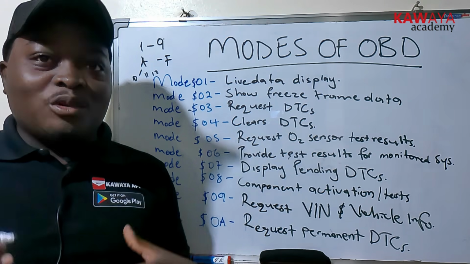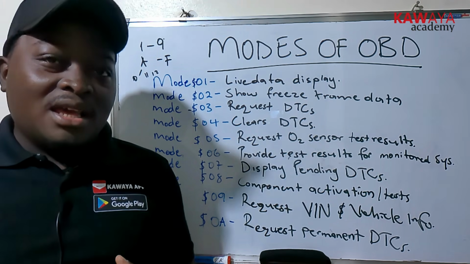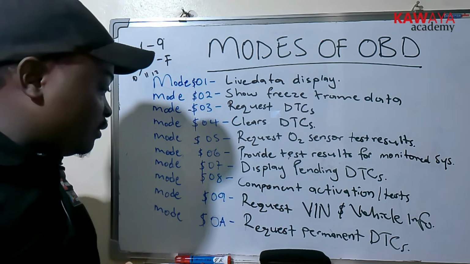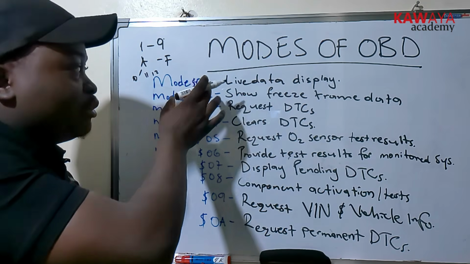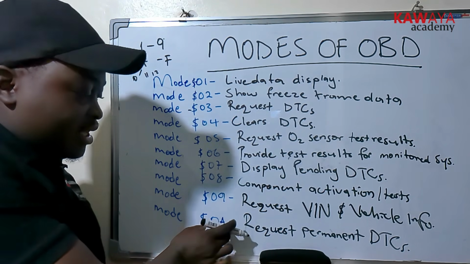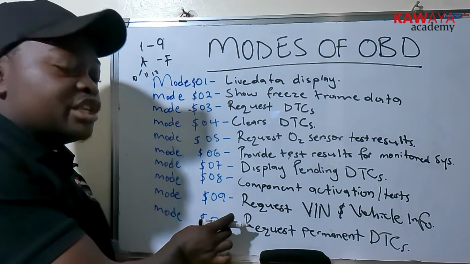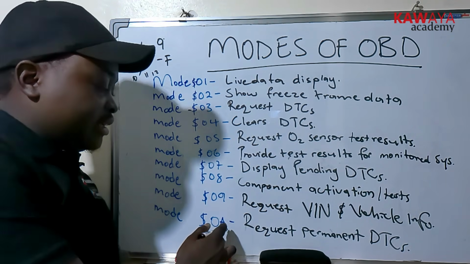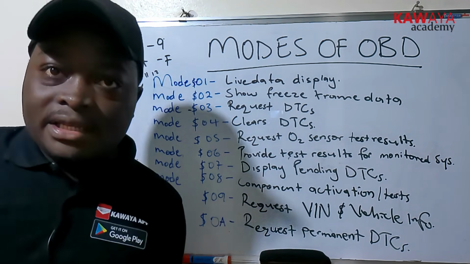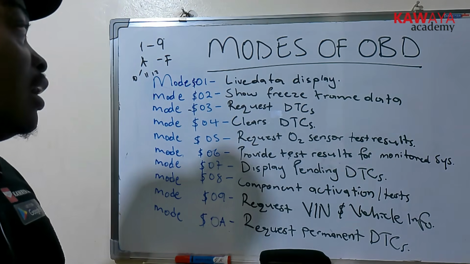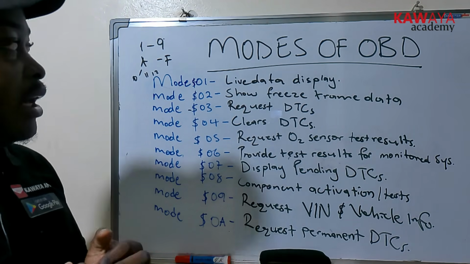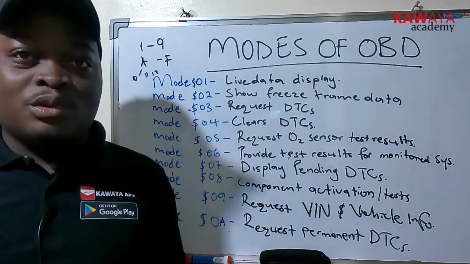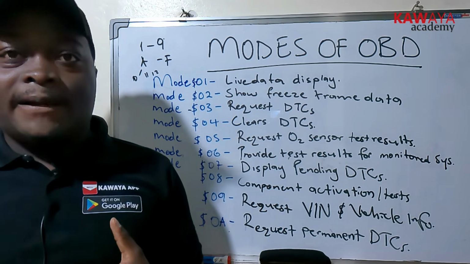So basically the computer can either use binary or hexadecimal. So that's why you're seeing the $ sign. And I told you we have 10 modes, 01 up to 0A. In hexadecimal, 0A is 10, like I've shown you here. A in hexadecimal is 10. Okay, so now in the different modes of OBD, we are basically requesting the ECU to give us different data.